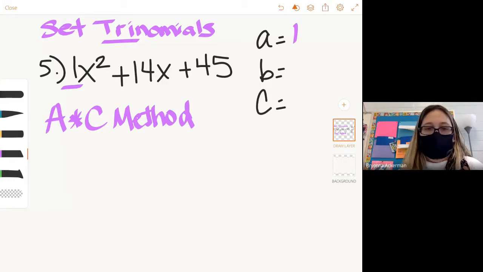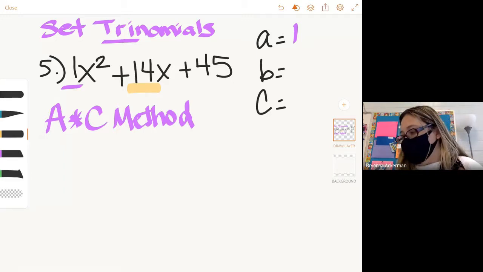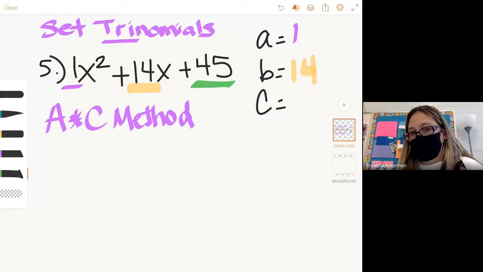It's just the number. B is always the one in front of the X. So in this case, B is what? What number is in front of the X? 14. Good. And then C is the constant. So in this case, it's 45.